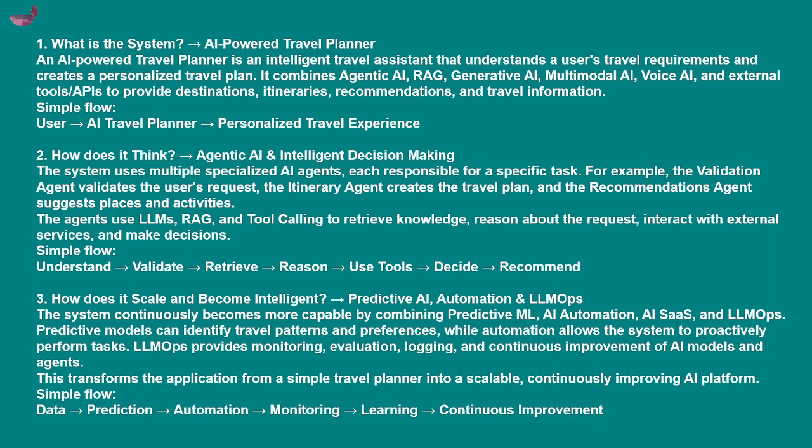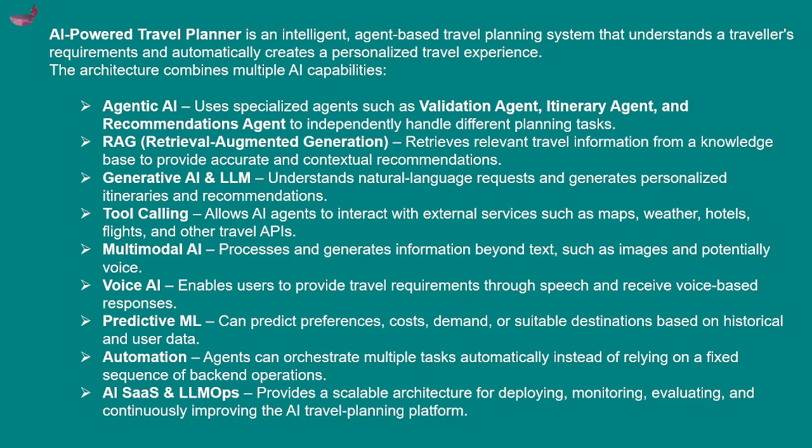Now, how does it think? Agentic AI and intelligent decision making. It understands, it validates, it retrieves, it reasons, it uses tools, it decides and it recommends. And if you want to make it more intelligent, you have to use predictive AI, automation and LLMOps. It is something that needs continuous improvement to get a better response.